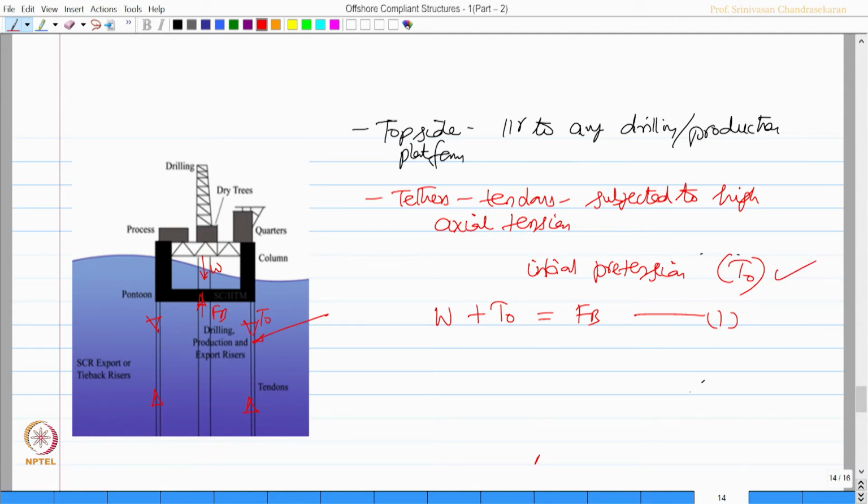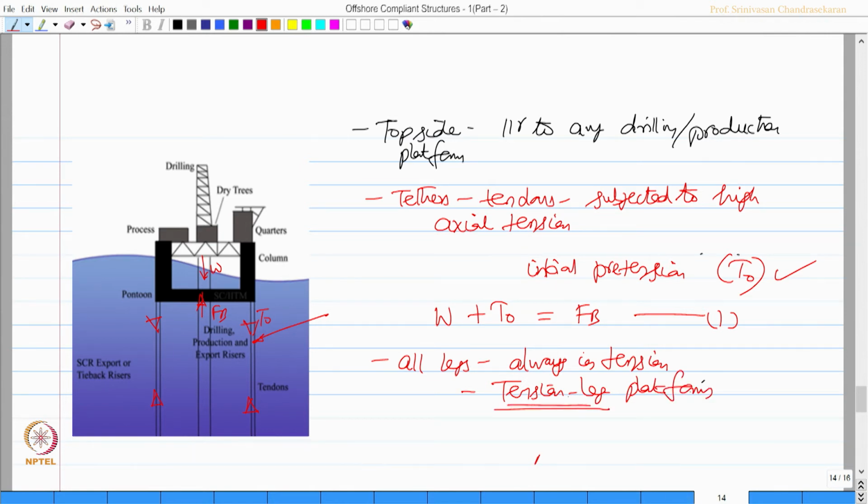So, it is very simple. The system has excessive buoyancy, it will be pushed up. To hold it down, tethers will pull them down. So, all legs will always be in tension. That is why these platforms are called tension leg platforms.